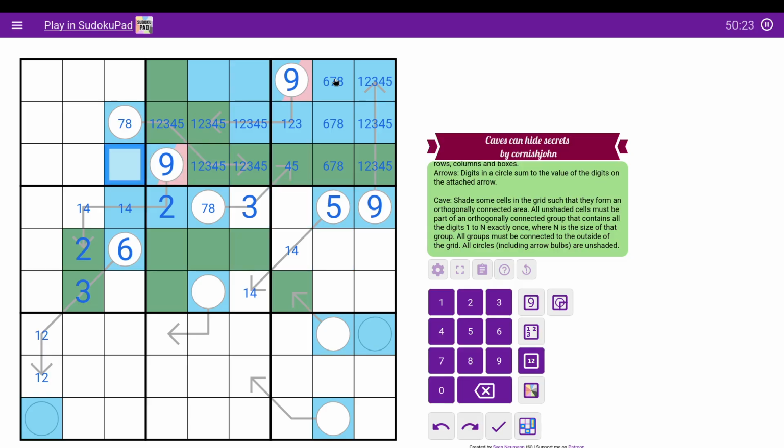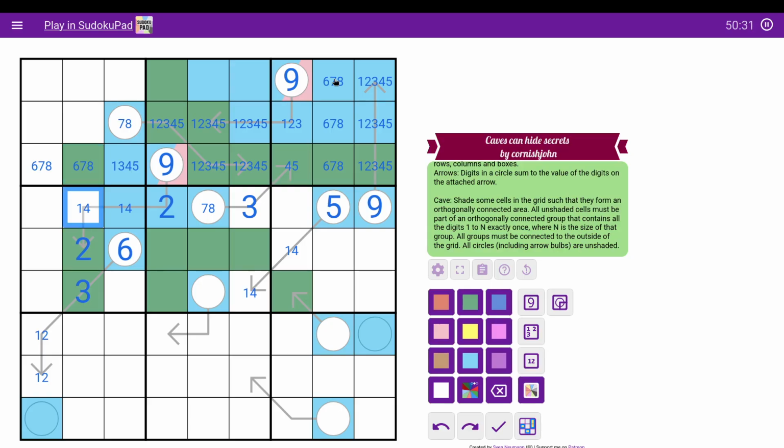This has to be 1, 3, 4, 5. So these 3 digits are the ones at bottom in some order.